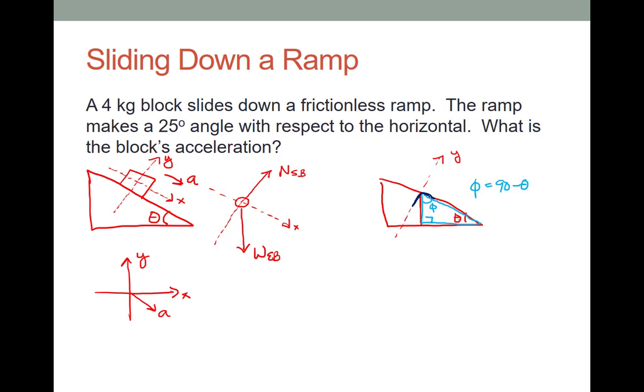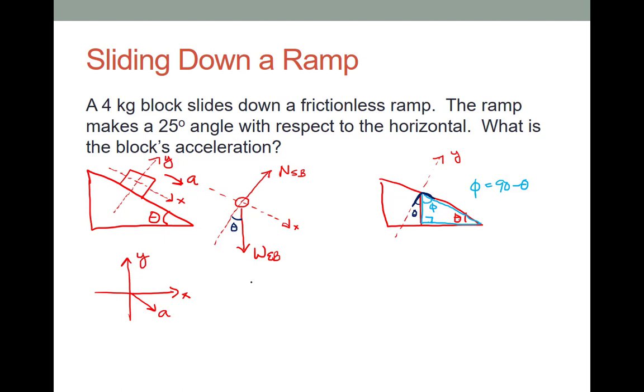If this is a 90-degree angle, and this angle phi is 90 minus theta, that means that this angle here must be theta in order for theta and phi to add up to be 90 degrees. If you look carefully, this angle theta is with respect to a line dropped straight down and the negative y-axis. So that makes this angle theta as well.